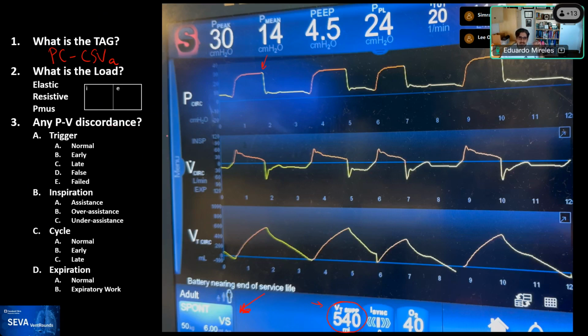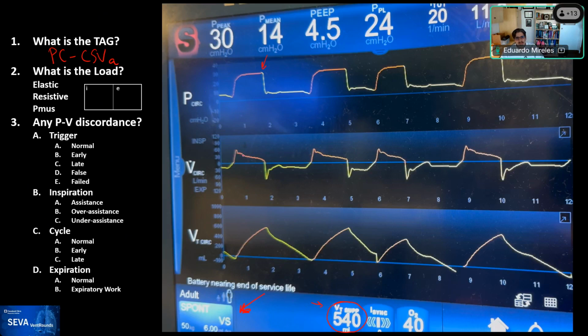So Arsel, the question about what's the sensitivity of the trigger, that's a good question. It would be important to just ensure that this is not a pressure trigger, so that we are not seeing that this is because it has to reach that threshold to trigger.